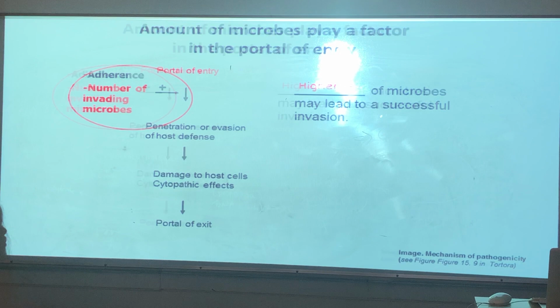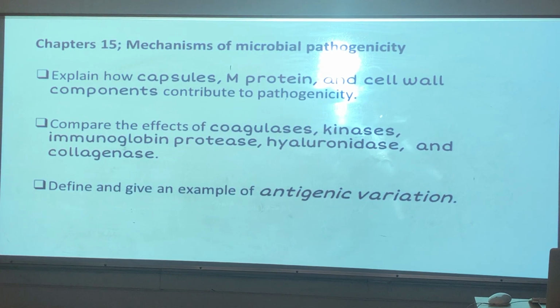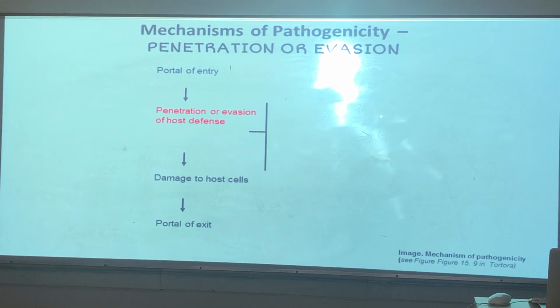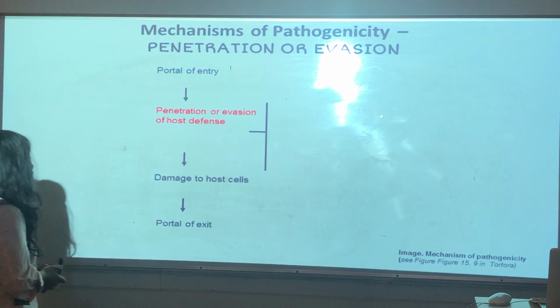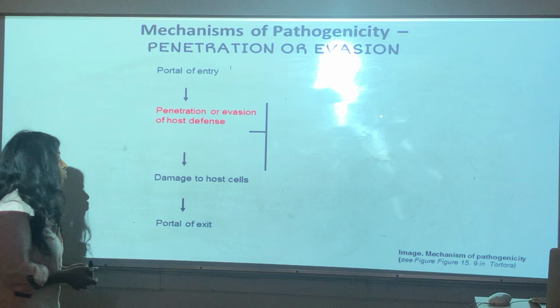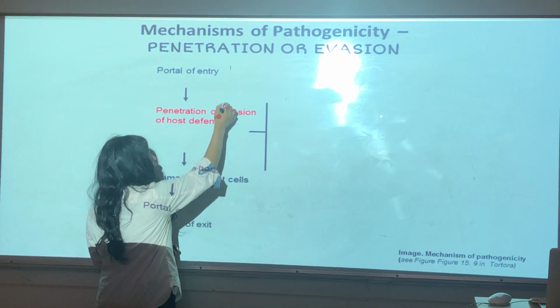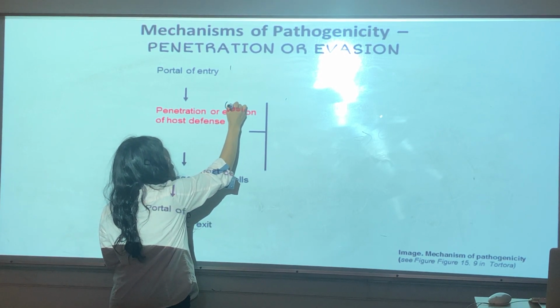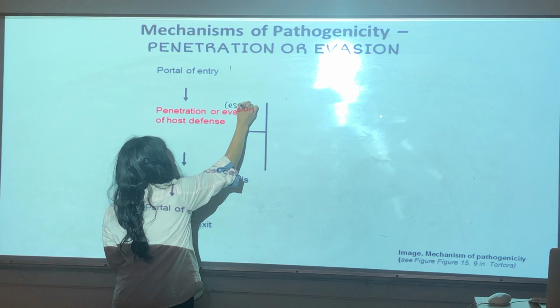Okay, so our next component, we're going to continue with the second mechanism of pathogenicity, and this is penetration or evasion of host defenses. Remember that evasion means escape, the host defenses.